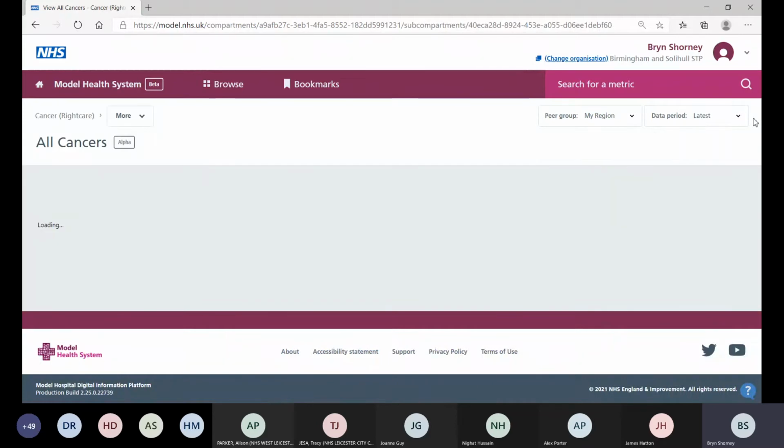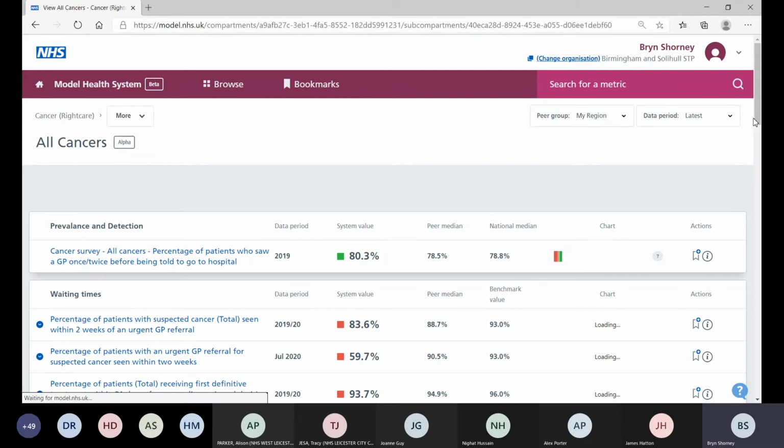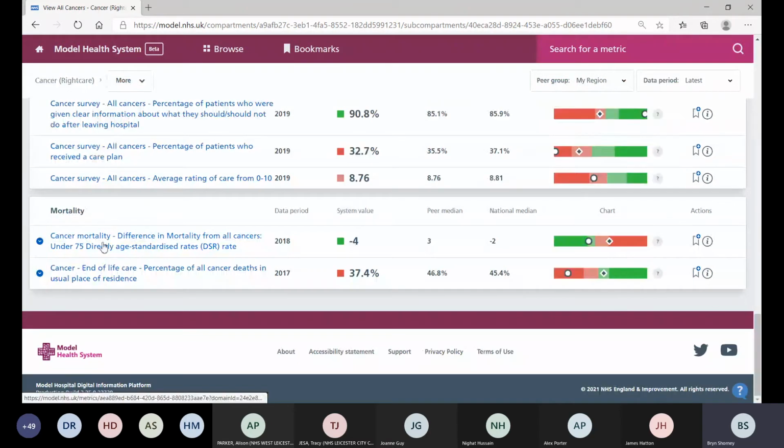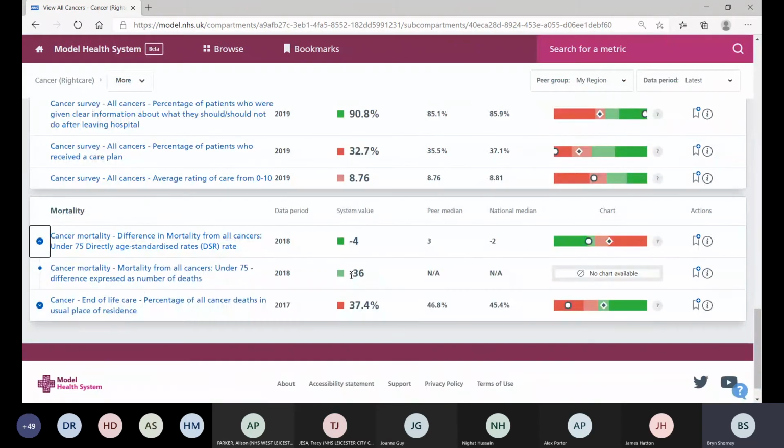So we saw that Birmingham and Solihull had a better rate compared to the similar peers. That's effectively saying that they are saving 36 lives a year compared to their demographic peers on cancer.